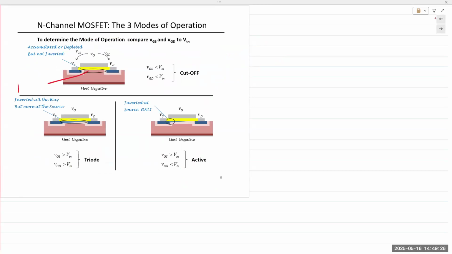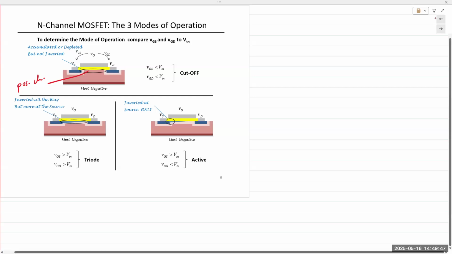So this is a positive channel. So it's cut off. Gate source voltage, VGS, is less than the threshold voltage. And then you have the gate drain voltage, which we'll talk about later. Well, later as in just a few seconds.